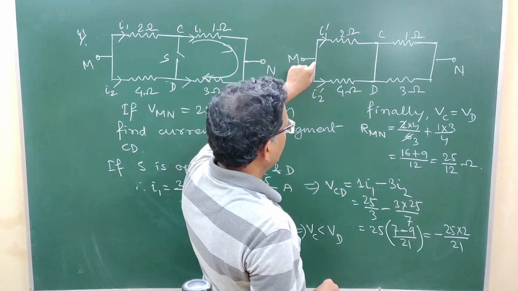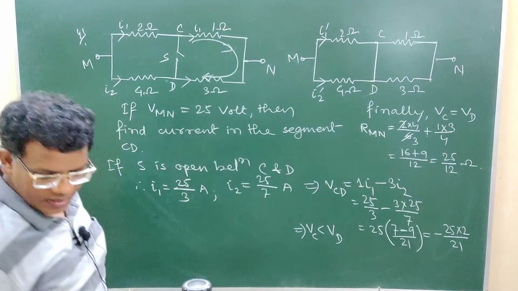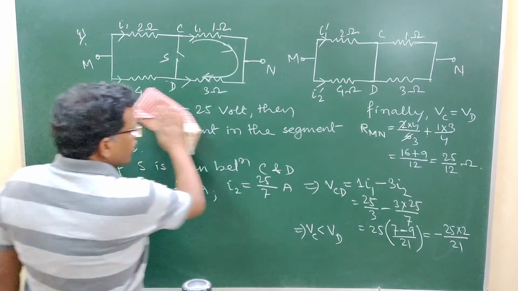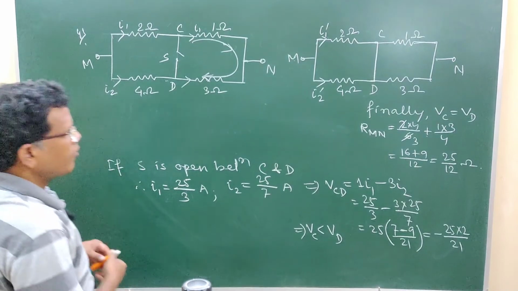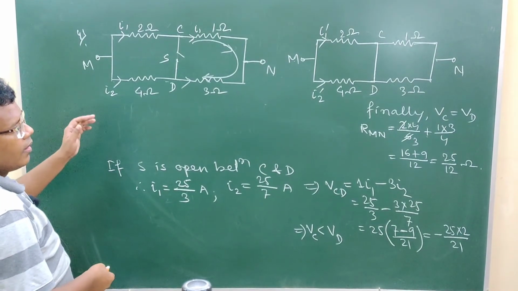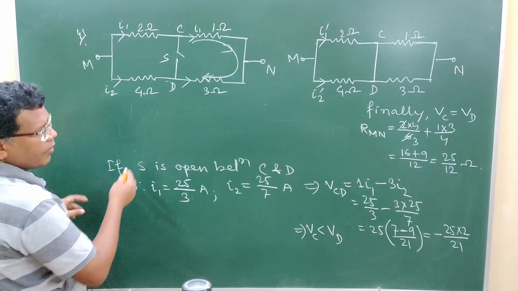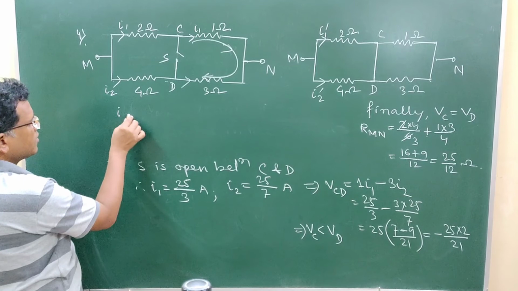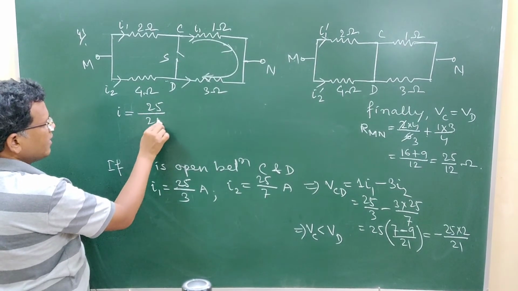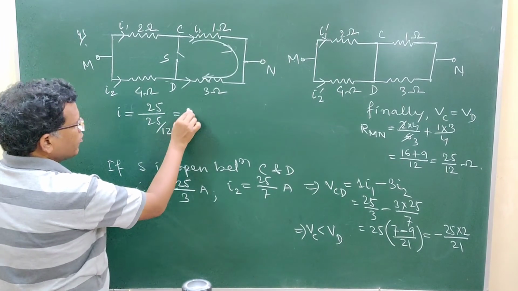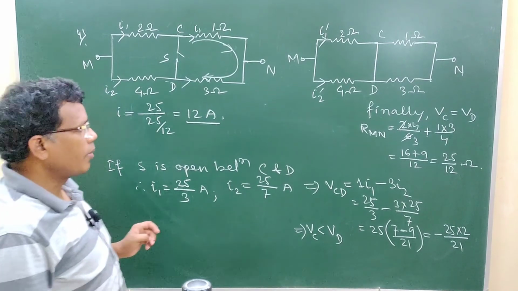So potential difference when 25 by 12 ohm is the effective resistance now. So the main current which will be flowing here across this effective resistance, we can write down applied voltage was 25 volt divided by effective resistance, that is 25 by 12, means it will be 12 ampere. 12 ampere will be the main current.